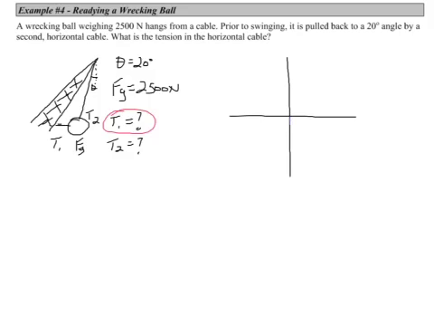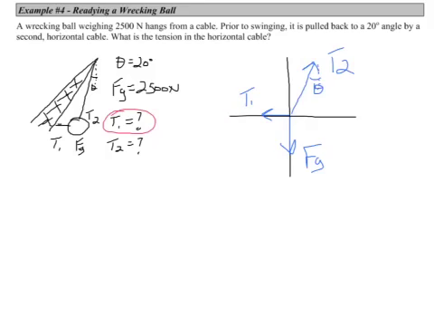We have a weight force that points straight down, the force from gravity. We have a tension force, this is T2, that acts at an angle, and that angle reported is this angle right here, of 20 degrees. And we have the horizontal tension here, T1. And it's T1 that we're going to be looking for.